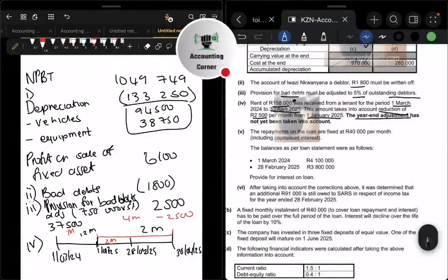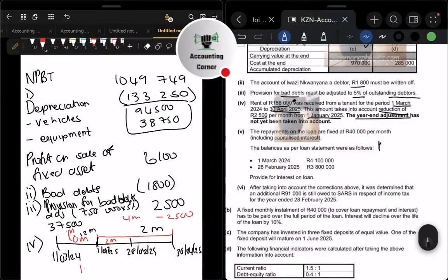So we know we received rent for 14 months. 10 of those months were with the full amount, and 4 months with minus 2,500. So we're trying to calculate what was the original rent amount.